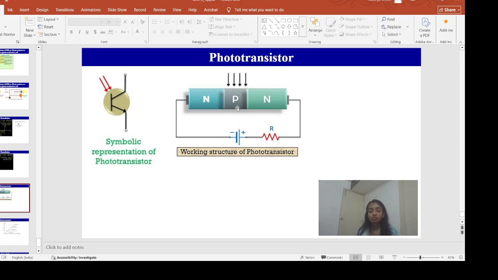Also, it changes the light signal incident on its surface into some electrical equivalent form, because light is shining on this base material, and the transistor action permits it to amplify the current flowing through it.